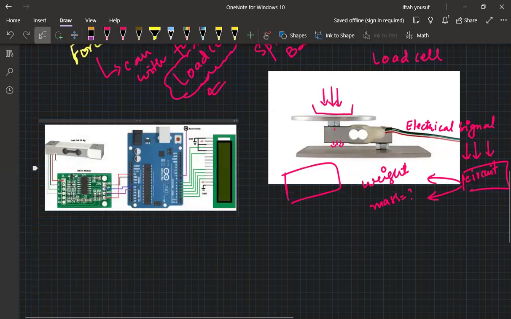Here's the load cell. This is the load cell and the wires are coming out from the load cell, and then it is further connected to a kind of controller, right? And then further it is fed to Arduino, right? And then through programming, through coding, we develop that scale, and then we convert it into human readable data, so that human can read it.